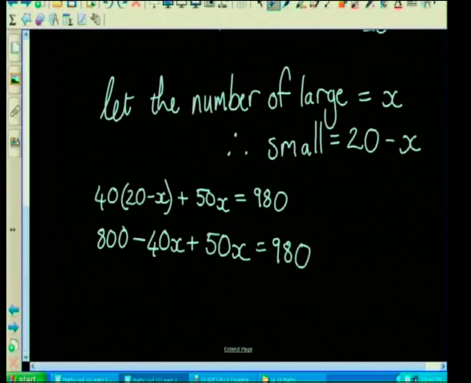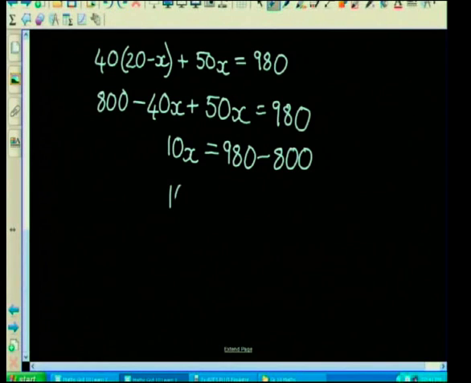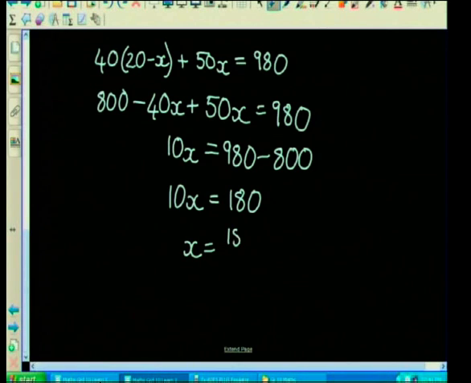Minus 40x plus 50x leaves me with 10x, and I'm going to move the 800 over by subtracting 800 from both sides. So 980 minus 800, and that means that 10x is equal to 180, which means that x is equal to 180 divided by 10, which is 18.